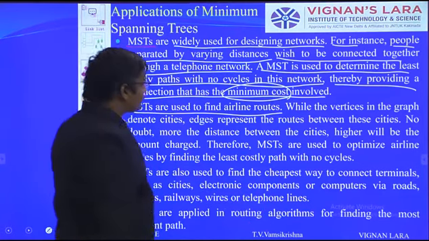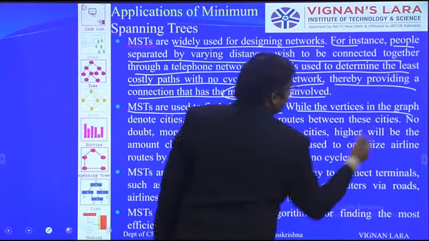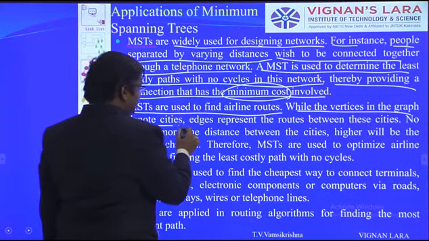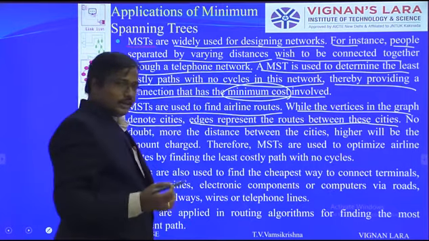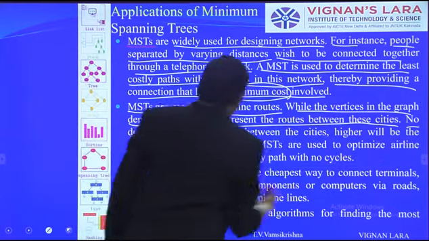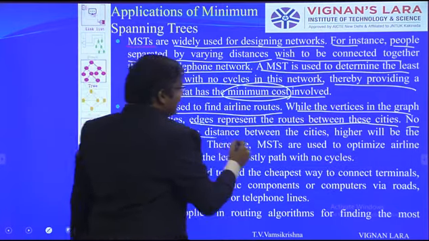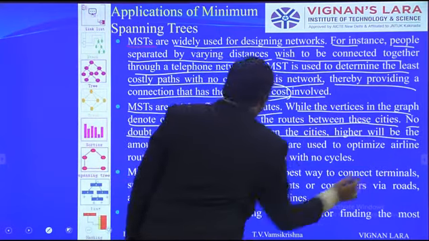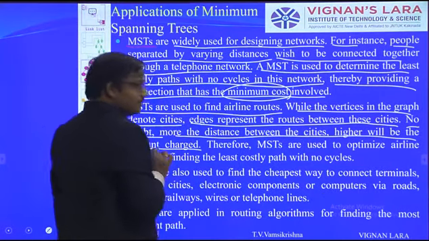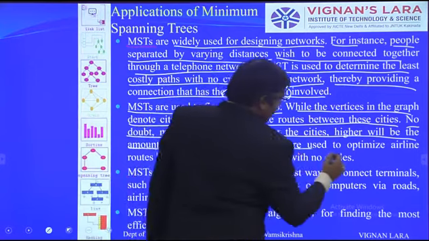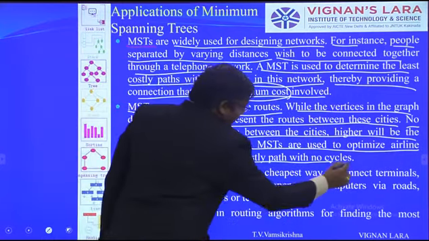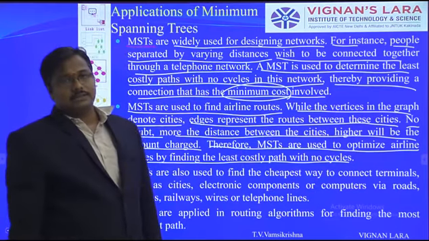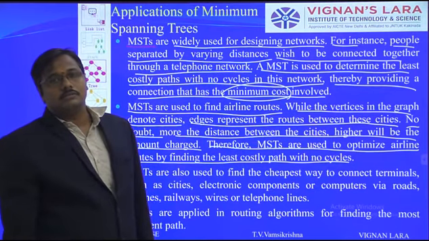While the vertices in the graph denote the cities and the edges represent the routes between the cities, as I told previously, no doubt the greater the distance between the cities, the higher the amount charged. So MSTs are used to optimize airline routes, finding the least cost with no cycles.